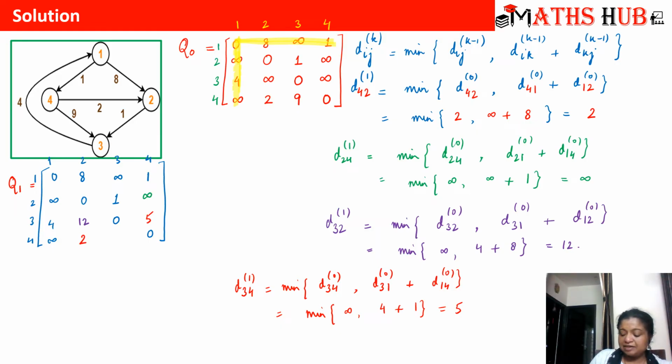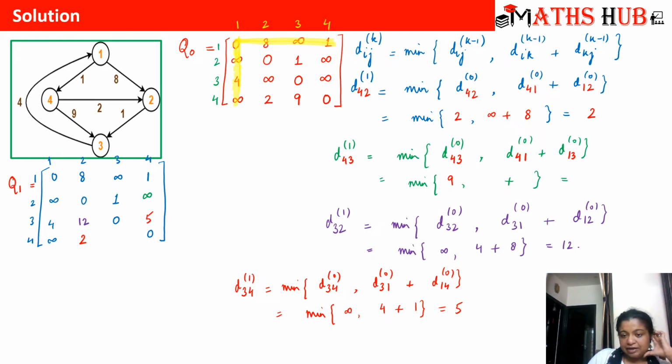And then finally let's calculate the last entry, that is D43. So I'm rubbing off this portion. So what is D43 now? D43 is the minimum of D43 in the previous one, comma, D41 plus D13. So how much is D43?